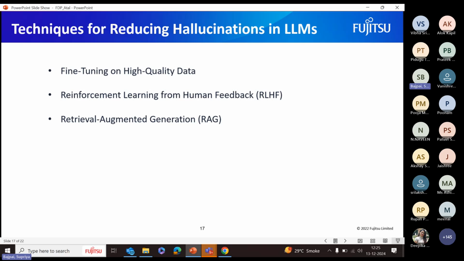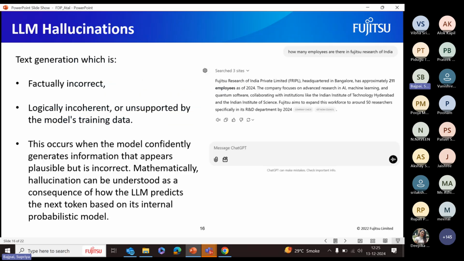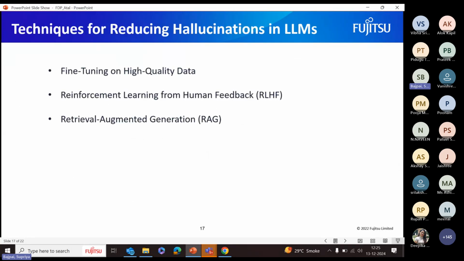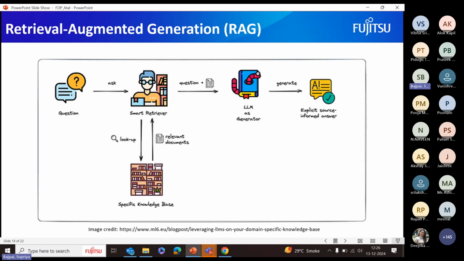Also, when we asked the specific question about Fujitsu, ChatGPT was not able to answer. So how do we make these LLMs answer queries which it doesn't know, or which involve private data? This is where retrieval augmented generation comes into the picture. We can use this document, and this is a method. Okay, I'll discuss it in detail here.